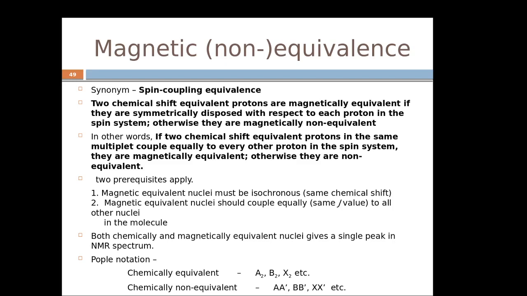However, hypothetically, if the coupling strength between proton A and C is not equal to the coupling strength between proton B and C, then we say that proton A and B are magnetically non-equivalent.